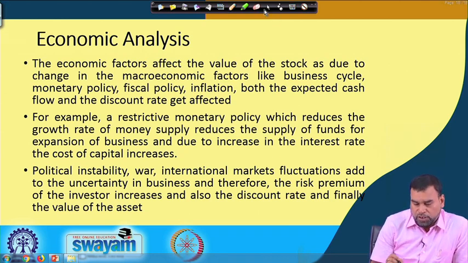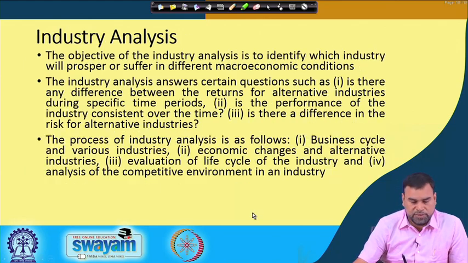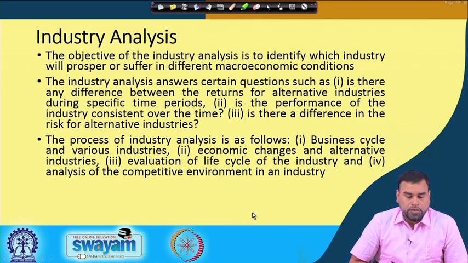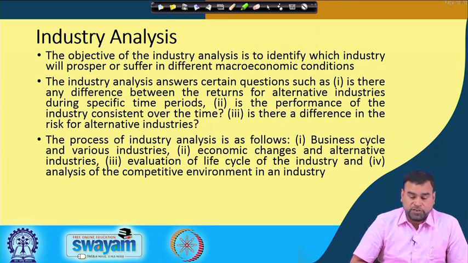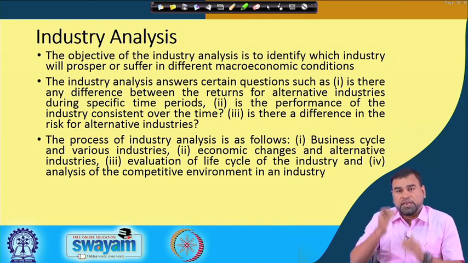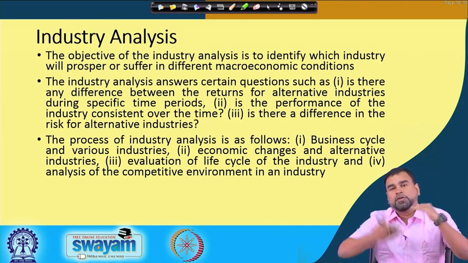But whenever we talk about industry analysis, how is it defined? The basic objective of industry analysis is to identify which industry will prosper or suffer in different macroeconomic conditions. When there is a change in macroeconomic conditions, we go for a scenario building analysis.